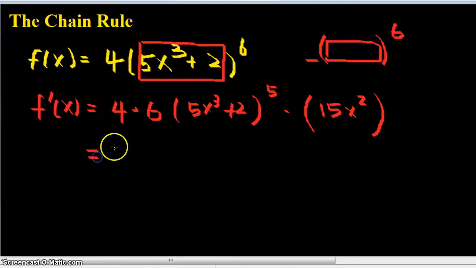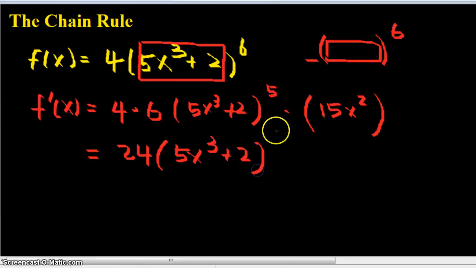So finally, 4 times 6 gives us 24, and here I will have (5x cubed plus 2), the whole thing to the power of 5, multiplied by 15x squared.